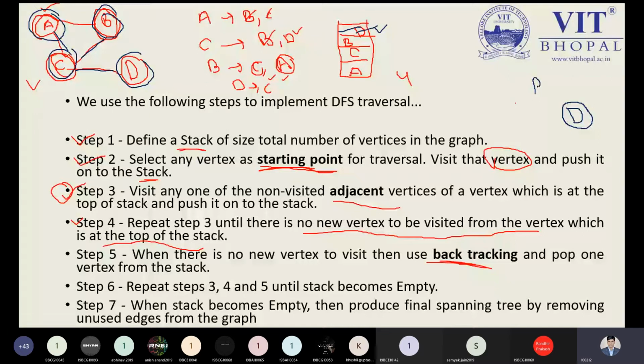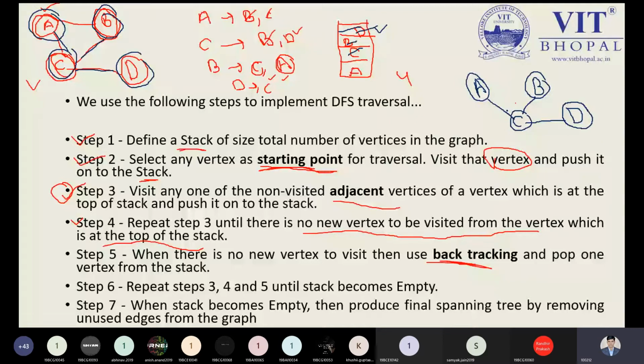But keep in mind D is connected to C. After removing B, now we need to keep in mind C and B, and then remove C and then A, and then it will be connected. So now you can see all four nodes are visited, and there is no cycle available here.